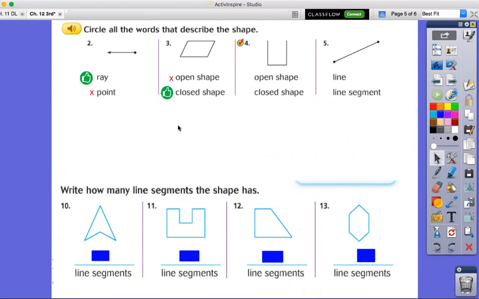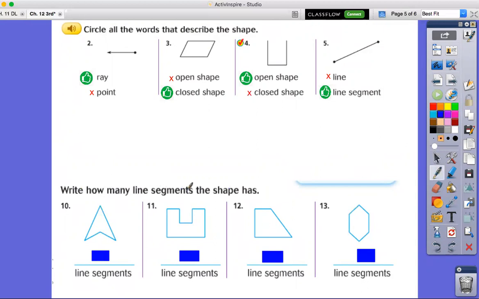This is a closed shape. Is this an open shape or a closed shape? That is an open shape. Is this a line or a line segment? Let's see. It is a line segment. Good job.